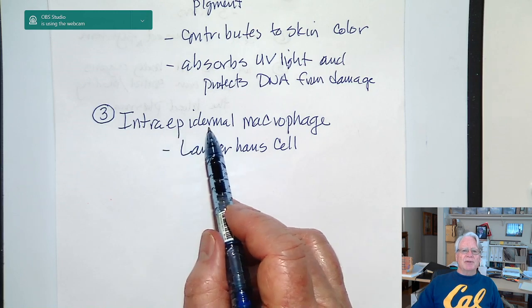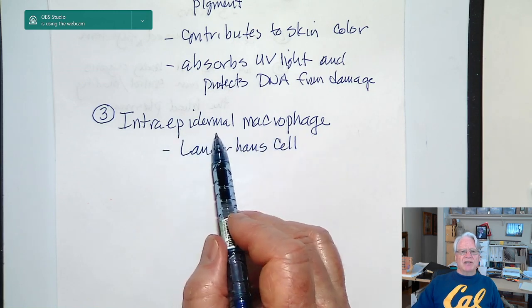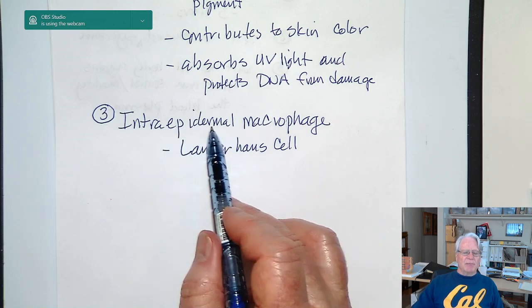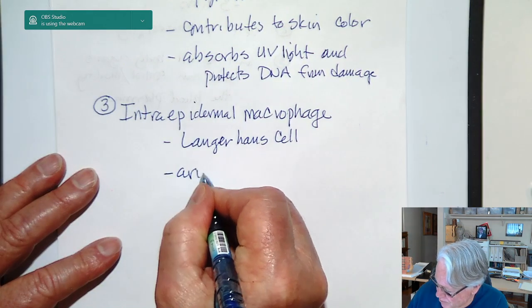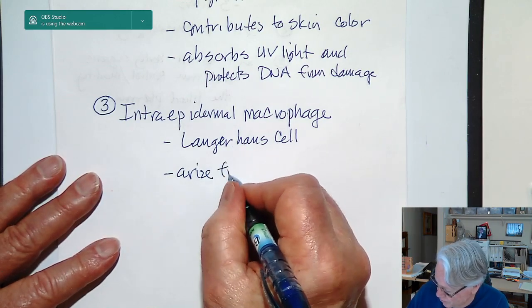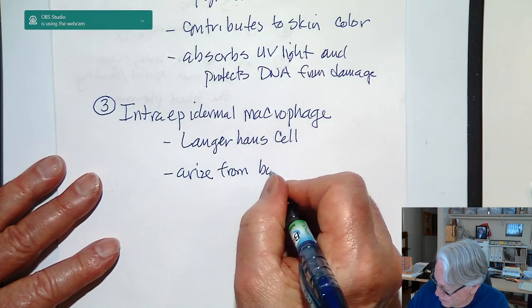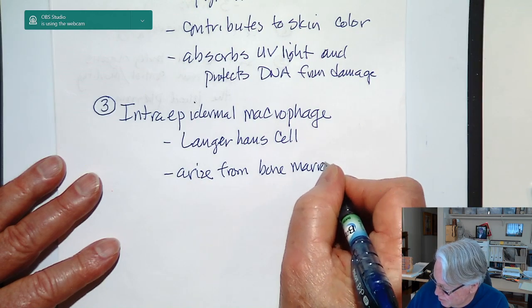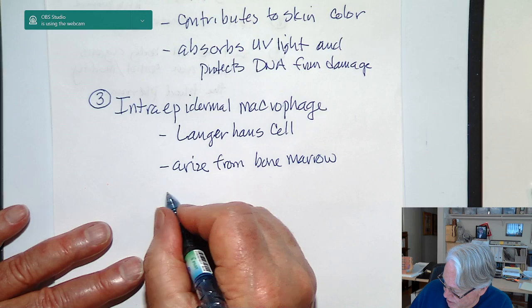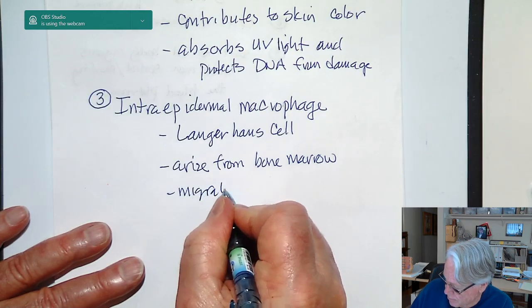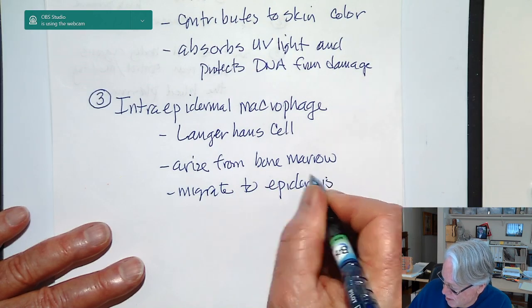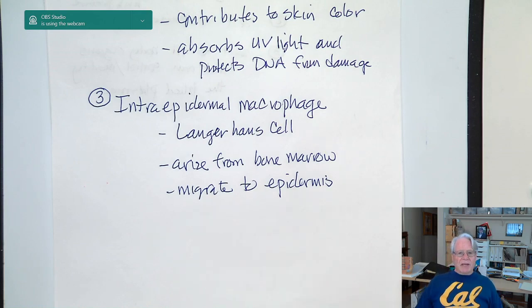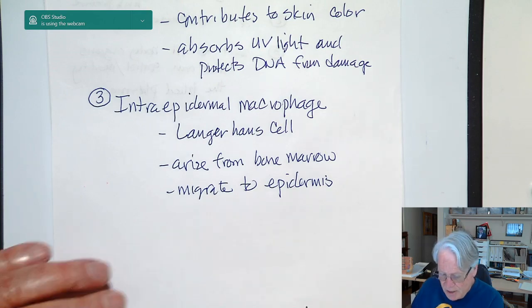Intra, between the epidermal cells. A macrophage that's in between the cells of the epidermis. And what they're talking about is in between the keratinocytes in particular. Anyway, these cells actually arise from bone marrow. So they're actually manufactured in bone marrow. And then they migrate to the epidermis. And there they can intercept antigens.